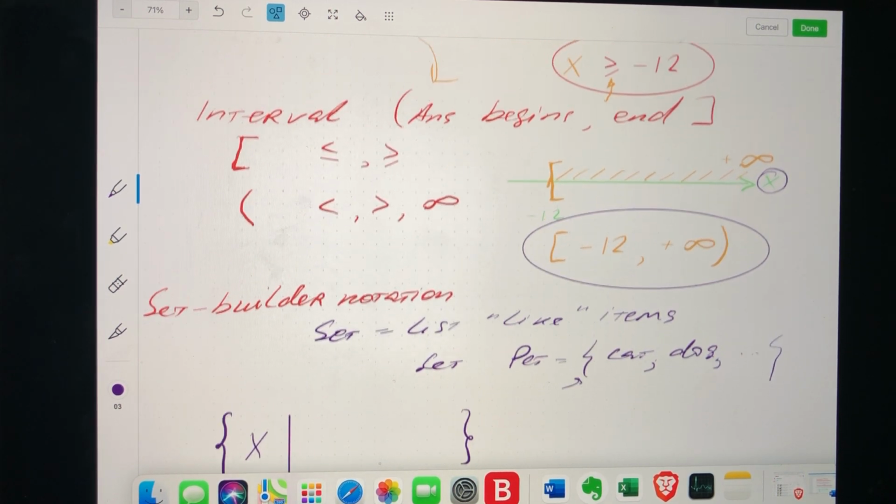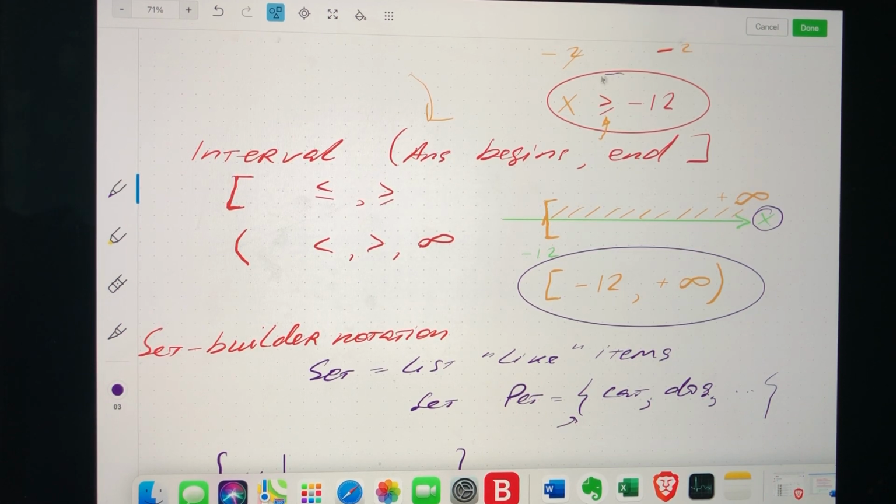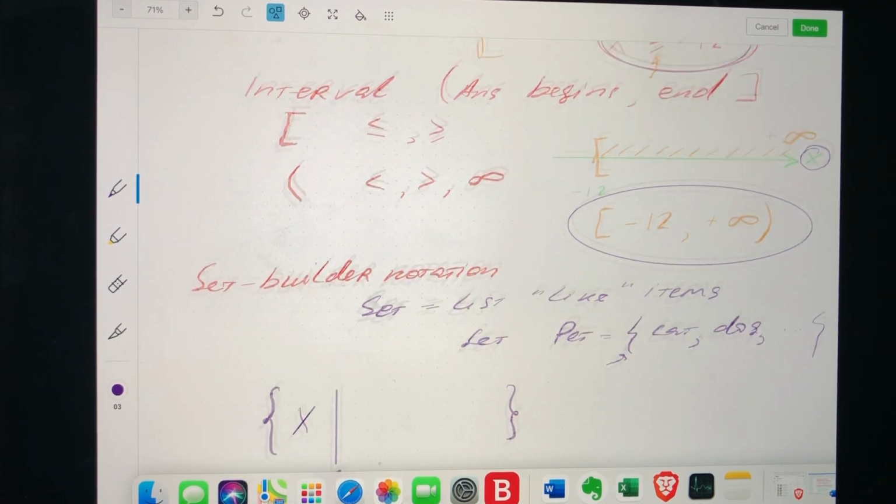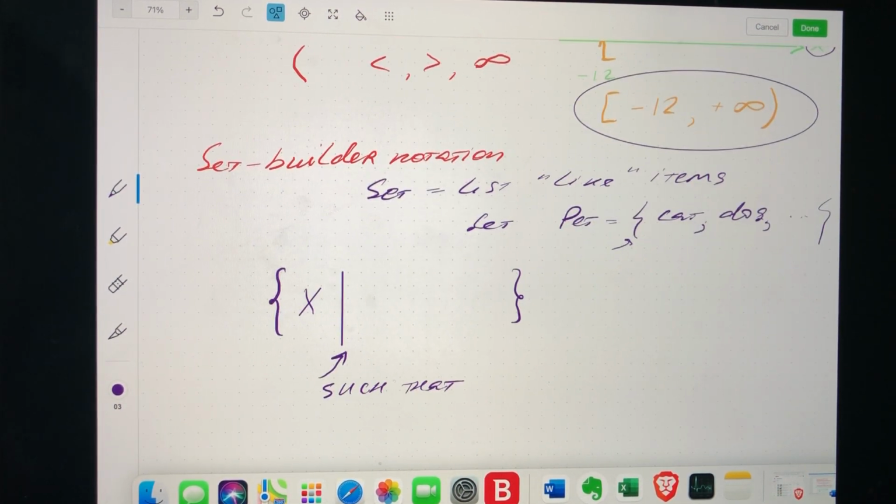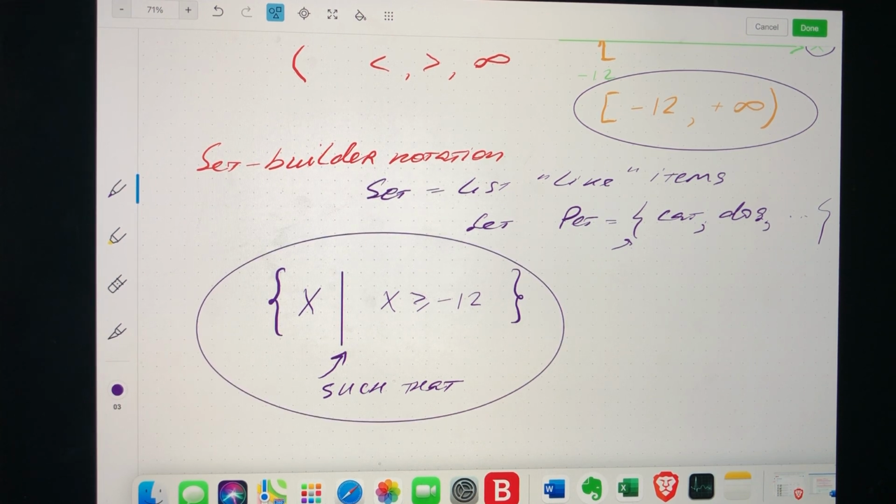And the condition is exactly the same as we had in our solution. x must be greater or equal to negative 12. So here is x greater or equal to negative 12. And that is the answer in a set builder notation.